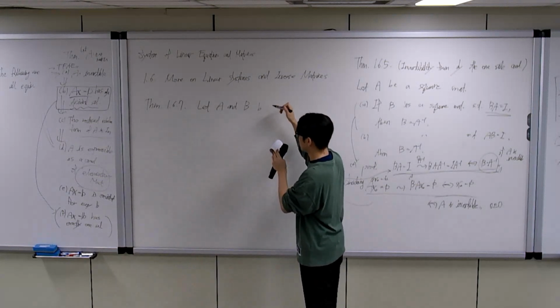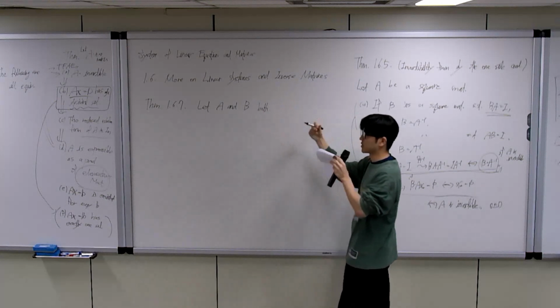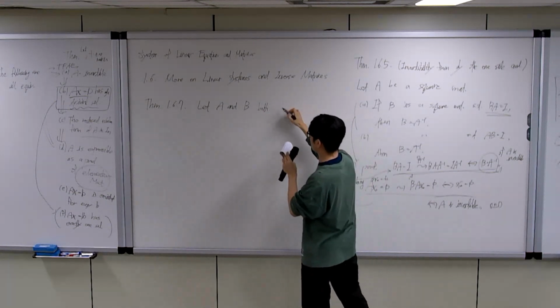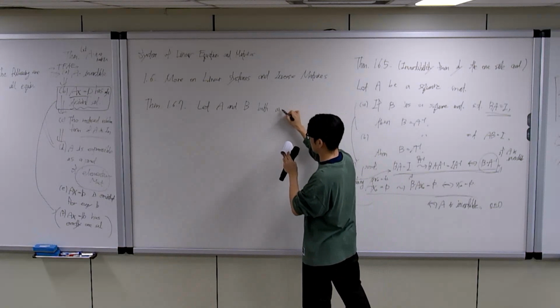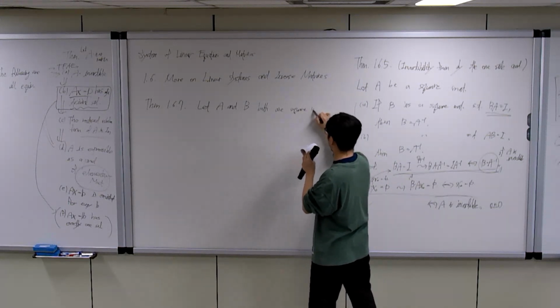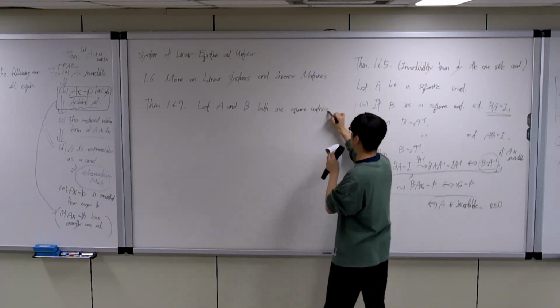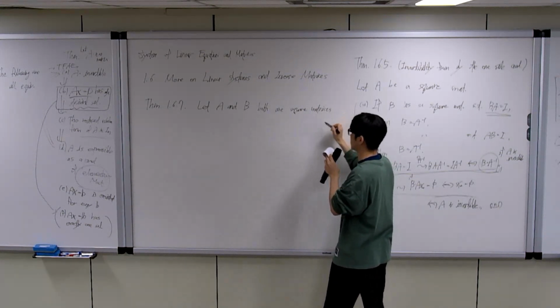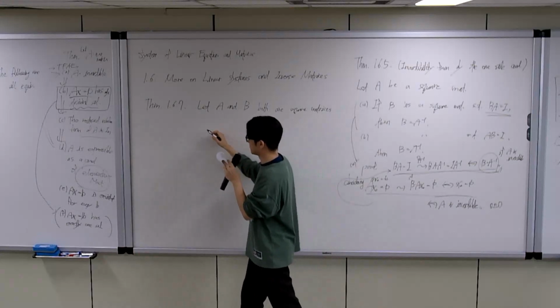But it is very important information in invertibility. Both are square matrices. So I will introduce this theorem.